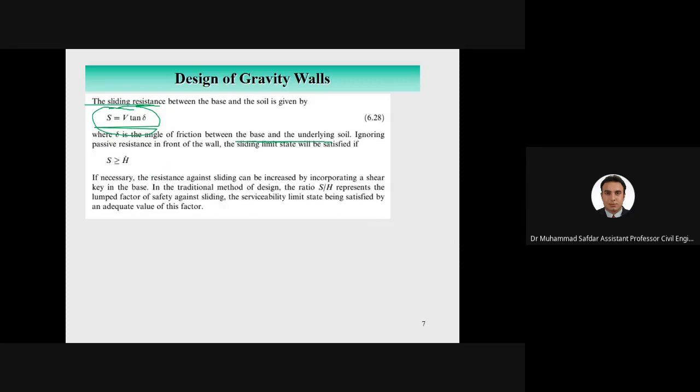Now, for the sliding limit state, the sliding resistance should be greater than or equal to the horizontal forces.